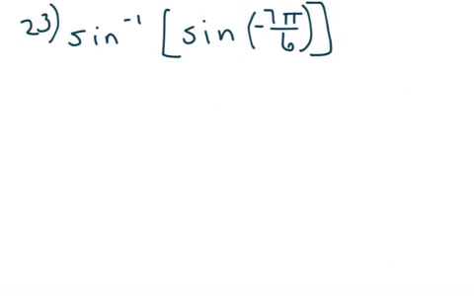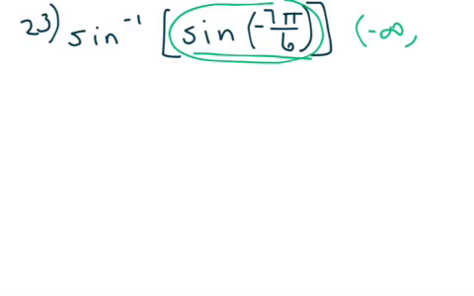Here's another case. We have sine, and this is not the inverse now. Since this is not an inverse, we can use our domain as negative infinity to infinity. So sine of negative 7 pi over 6 for number 23 would be 1/2.